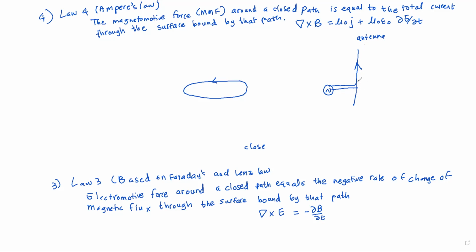Through that, we start generating a magnetic field around this loop. A varying current will generate a magnetic field, so once the current is varying, the magnetic field strength will also vary with time.